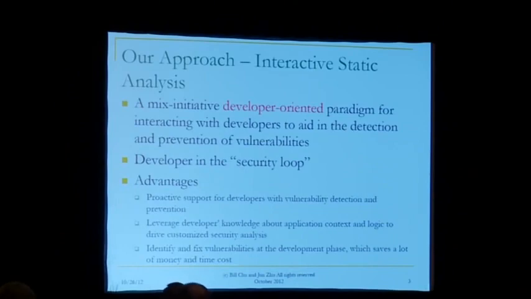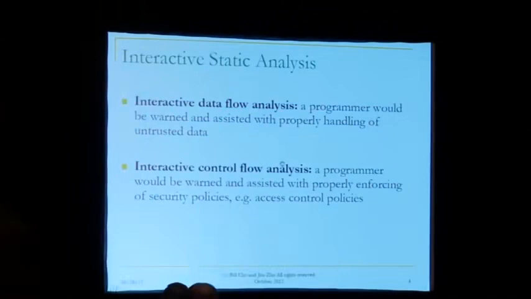There are two kinds of interactive static analysis we have implemented. One is interactive data flow analysis, which everybody is familiar with, the typical kinds of taint propagation and injection attack analysis for detecting injection vulnerabilities. We are also experimenting with what we call interactive control flow analysis.